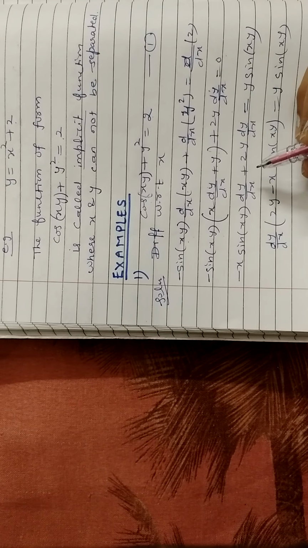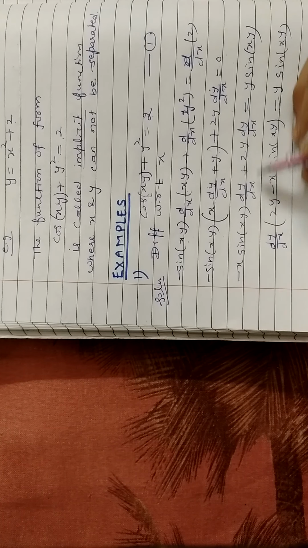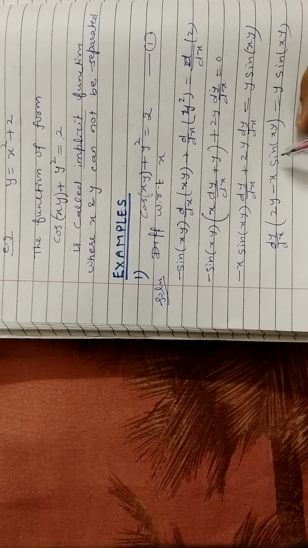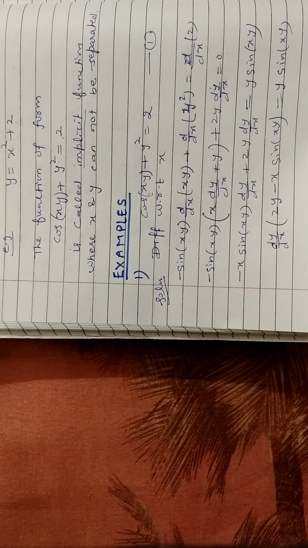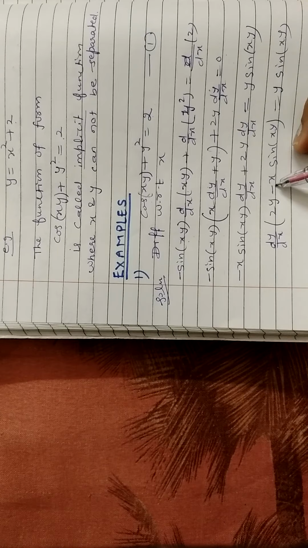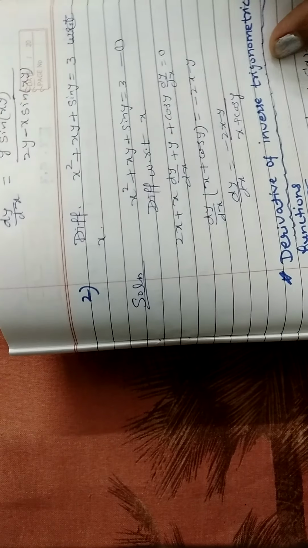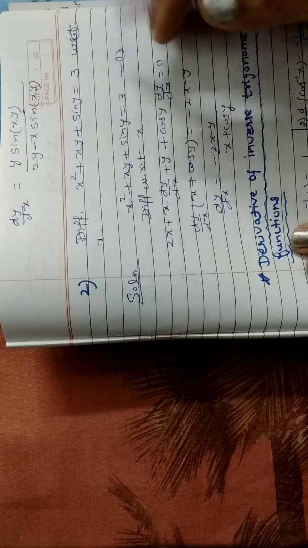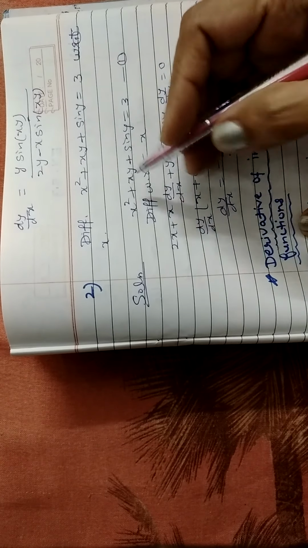So on the left hand side you have written the terms containing dy by dx. dy by dx you will take common, then this will be left, and on the right side this is written, and then this term will go in the denominator, and finally your equation will be dy by dx equal to this. Clear? So this is how to take the derivative of an implicit function.